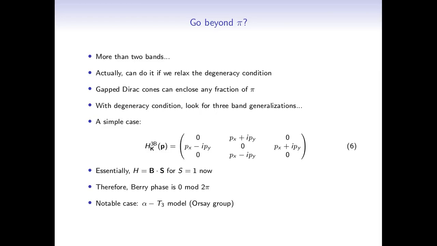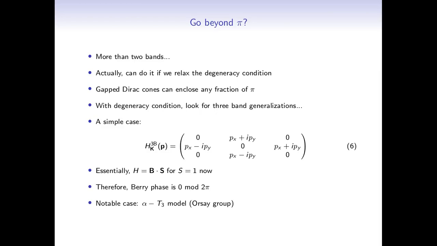We're going to use more than two bands, and any gapped Dirac cone can enclose any fraction of pi, but that's not what we're looking for. We're looking for protected degeneracies, and we're going to talk about what these degeneracies mean and how they behave. This is a simple case.